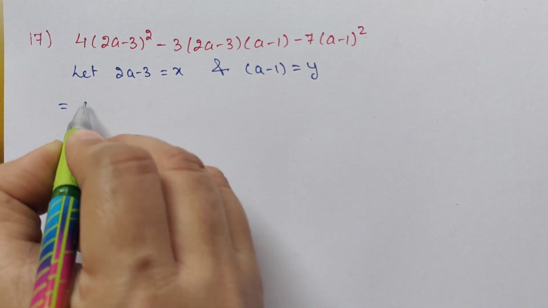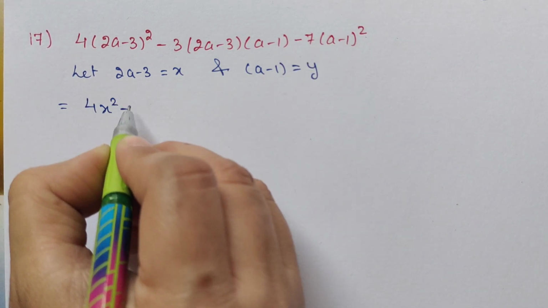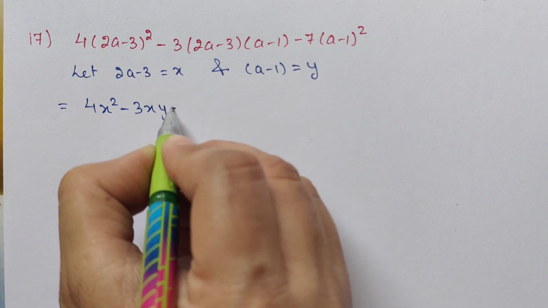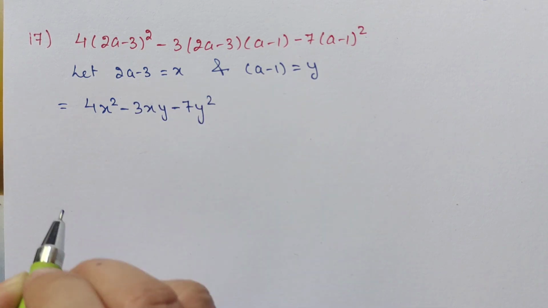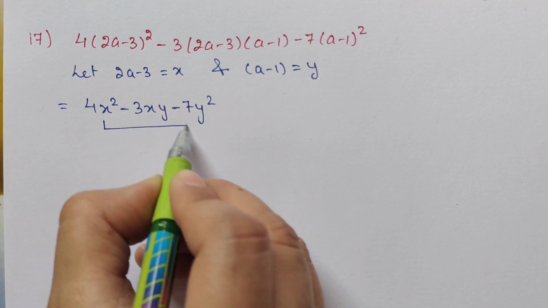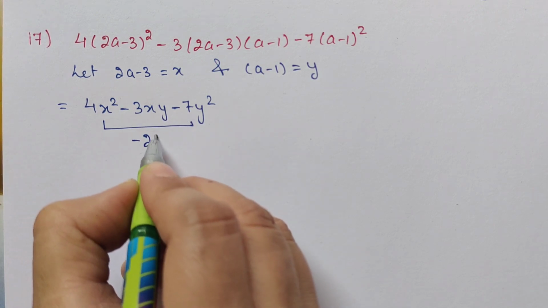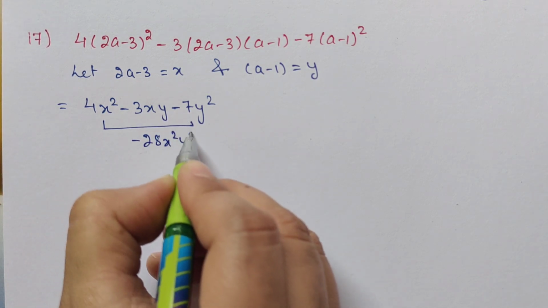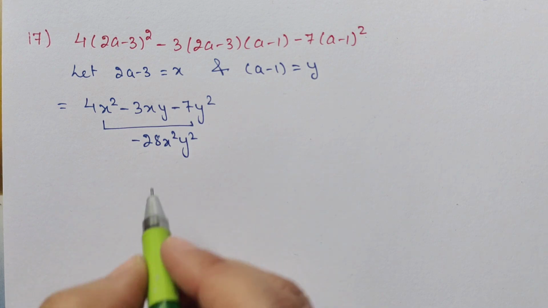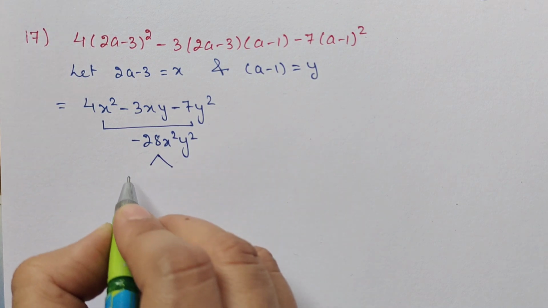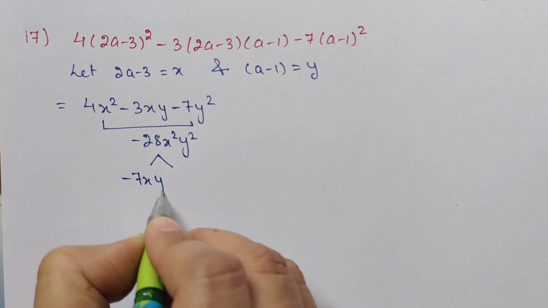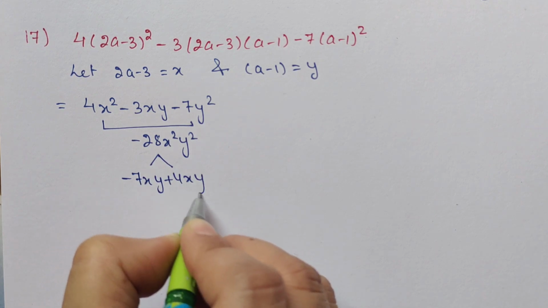Now it will change to 4x² − 3xy − 7y². Now we will do the factorization of it. Multiply first and last: −28x²y². The factors of 28 will be −7xy and +4xy.